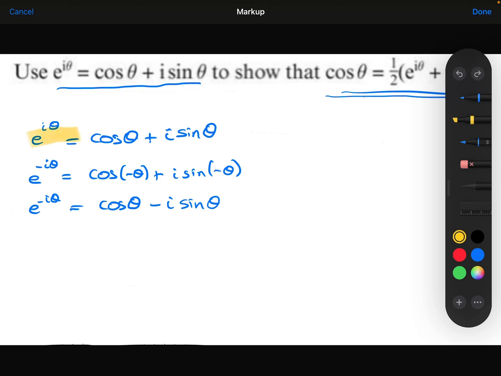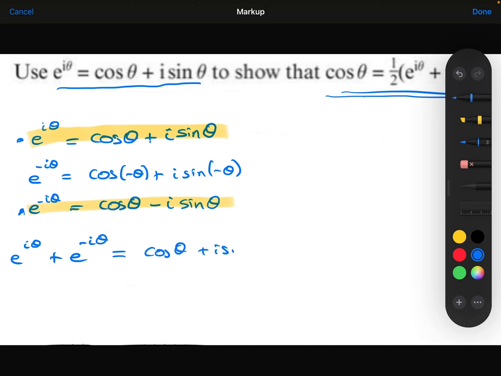Right, now look at this line here and this line here. If I add these two things together, on the left-hand side, I will have e to the i theta plus e to the minus i theta. That's just me adding these two things together. And then on the right-hand side, I would have cos theta plus i sine theta plus cos theta minus i sine theta.